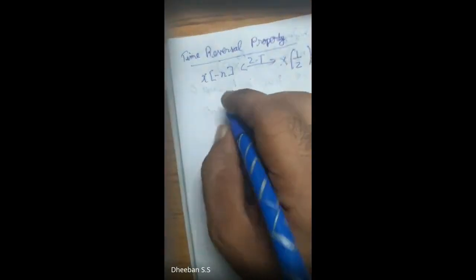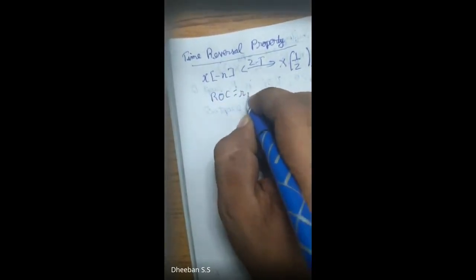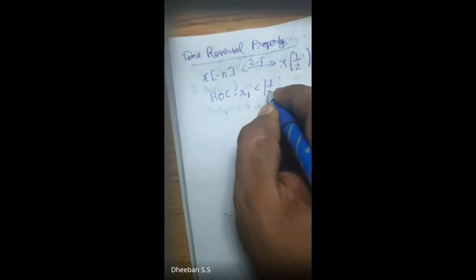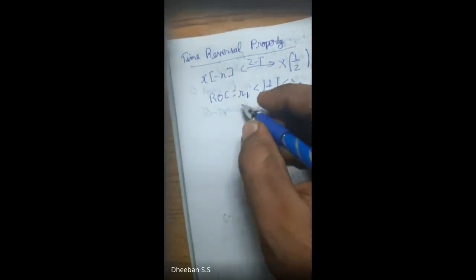So your ROC will be R1 less than 1 by z less than R2. Next is the convolution property.